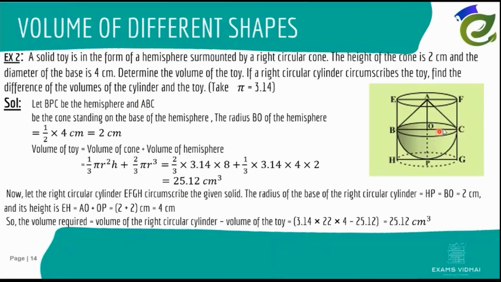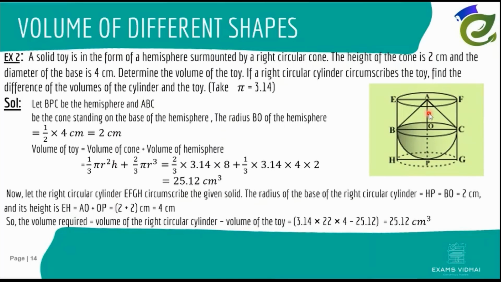Hence their diameters become the same, so their radius 2 becomes the same. Hence, the radius of the cylinder is 2 centimeters, whereas the height is nothing but AO plus OP, that is the total height of the cylinder.